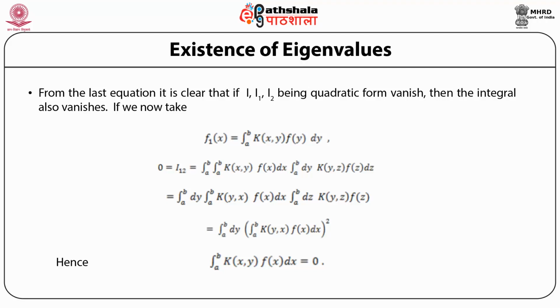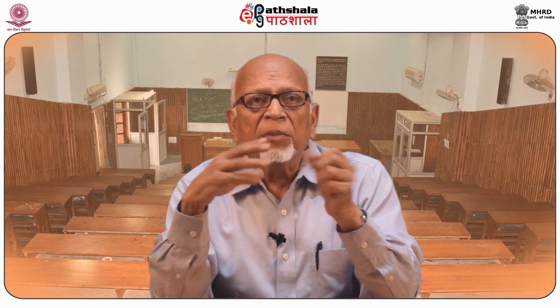Hence the integral from a to b of K(x,y) f(x) dx must be equal to 0, because this is a quadratic form, so this has to be 0. f(x) so far is completely arbitrary. Thus, the integral of K(x,y) f(x) vanishing implies that the kernel K(x,y) is equal to 0.